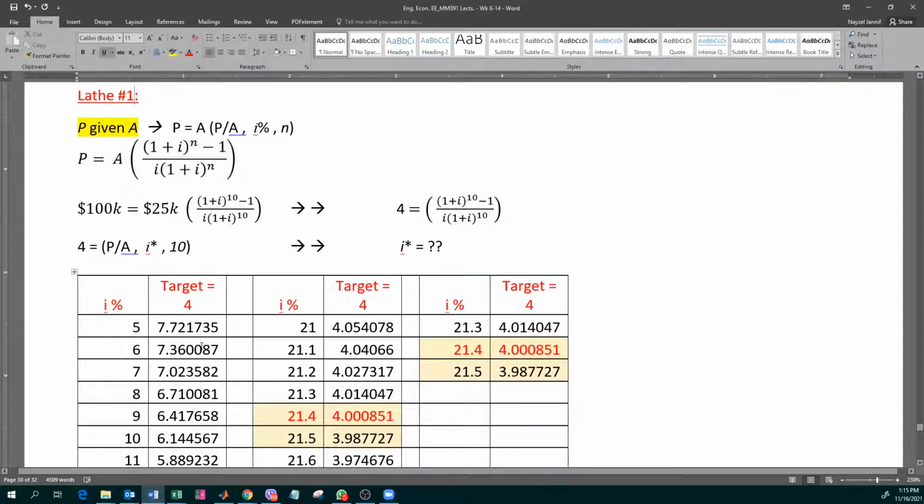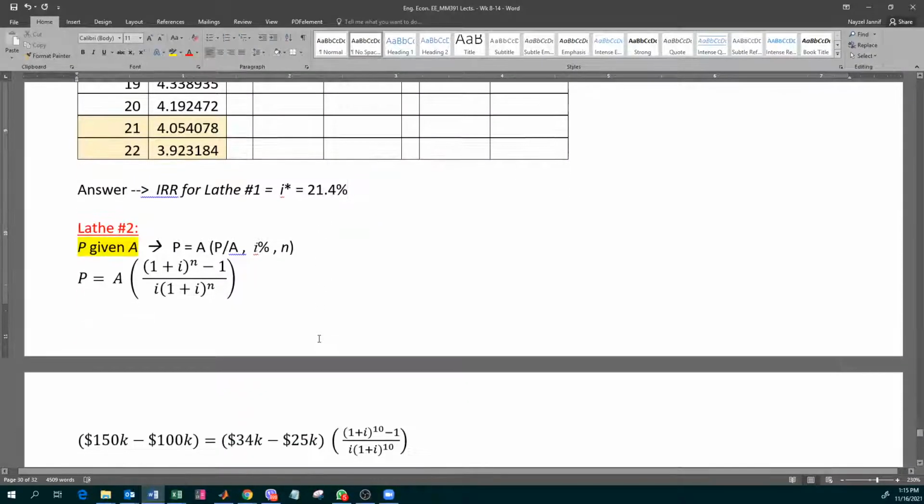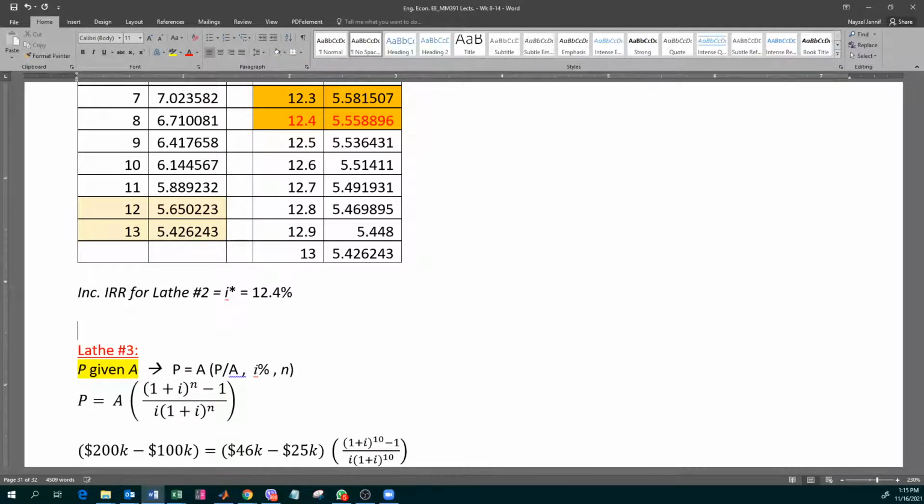So let's now look at this one. We don't look at the first lathe because there's nothing to compare against. In fact, the first lathe was already meeting the first requirement. Let's move to lathe 2. Lathe 2 is 12.4%, which is less than the MARR.